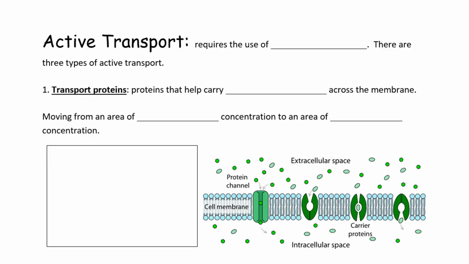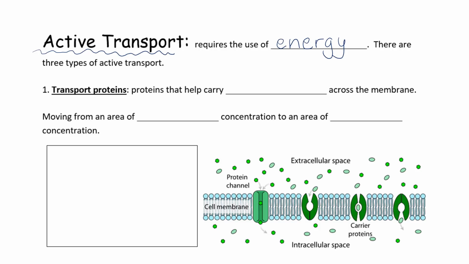Both those things are passive transport. Passive transport requires no energy. The opposite of that is active transport, and you might guess that active transport requires the use of energy to get things to enter and leave the cell.